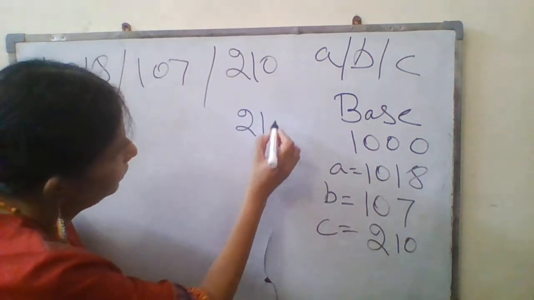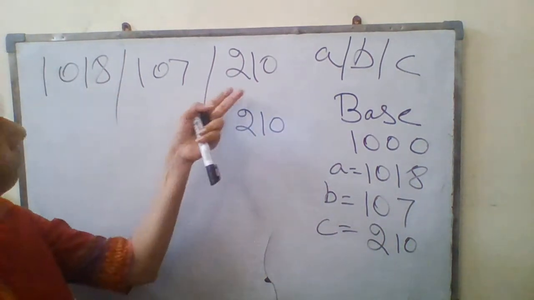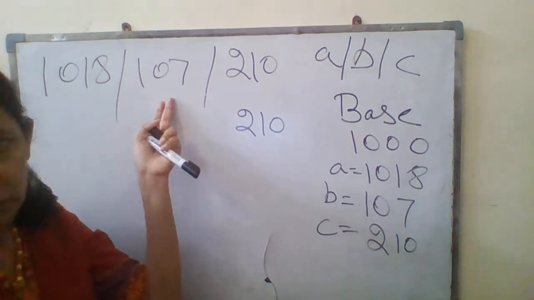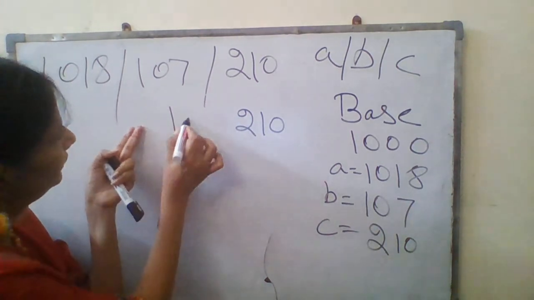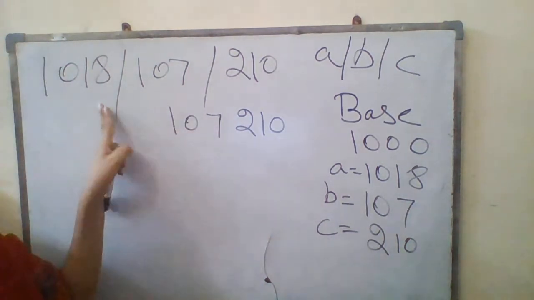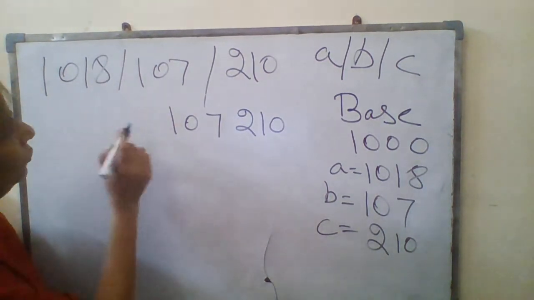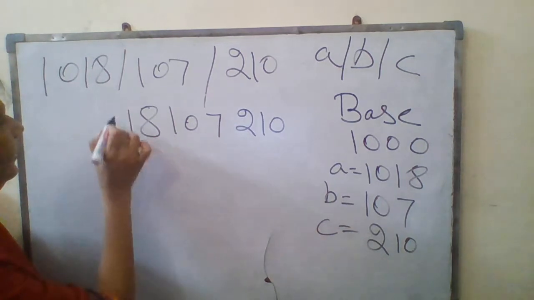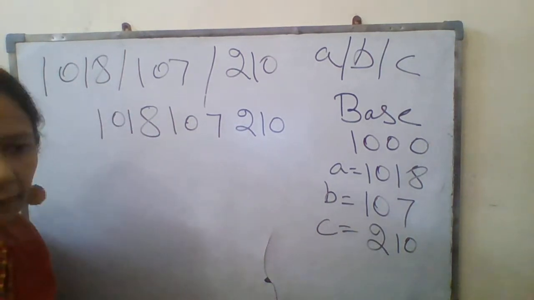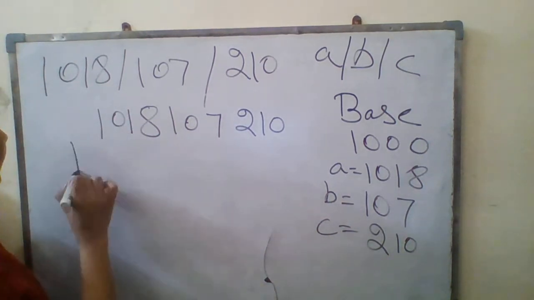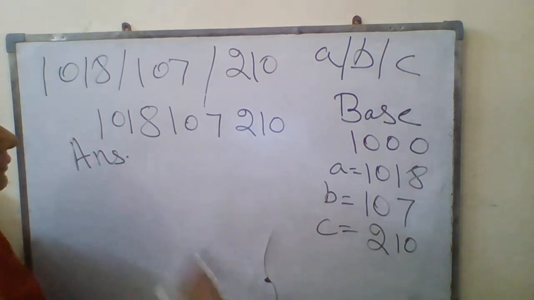You write down the last 3 digits and move to the next. Here also you can see these last 3 digits. Write down these last 3 digits, and whatever is left in the last, you have to write down as it is. And this is your final answer.